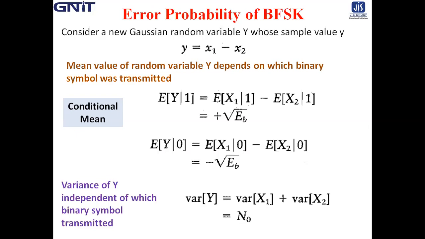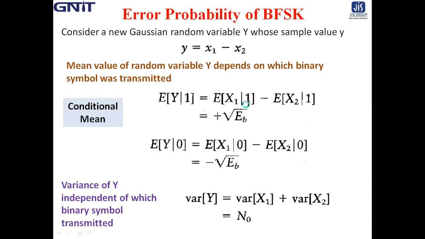Correspondingly, the conditional mean of y, given that symbol 1 was transmitted, denoted as expectation of y conditional 1, is expectation of x1 conditional 1 minus expectation of x2 conditional 1.